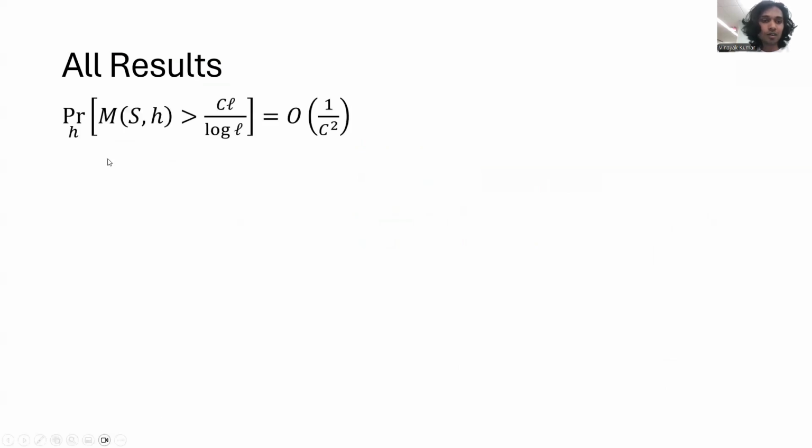So in our paper, we show something much stronger. We actually show the maximum load exceeds C times the optimal max load with probability at most order 1 over C squared. So actually, this statement is stronger than expected max load.